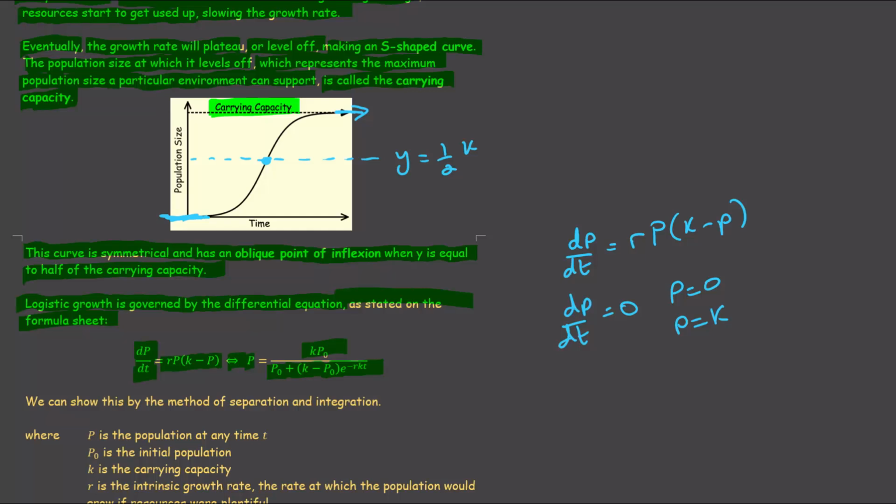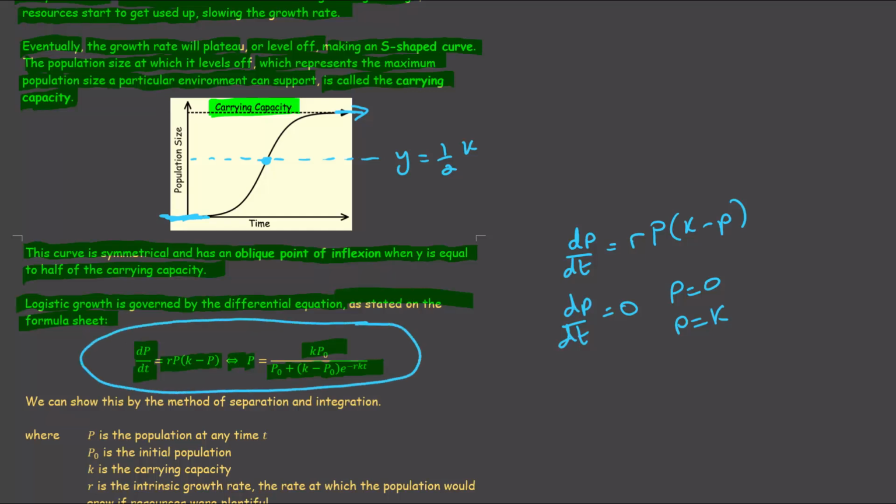So when P is 0, when the population size is 0, there's no growth. And when P is at the carrying capacity, we get no growth, and that's why we get the asymptote there. I'm going to look at this in the next video.